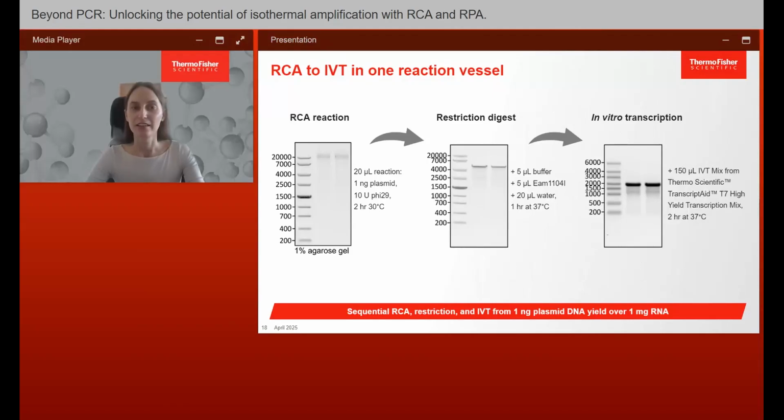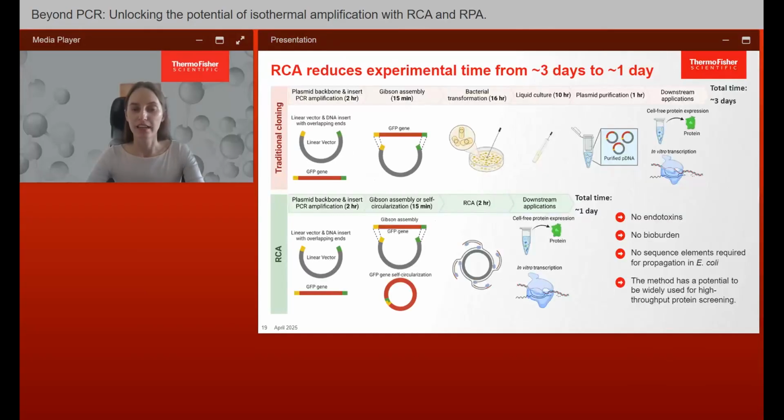But it not only reduces the required amount of template, it also speeds up the workflow and offers potential for automation. So RCA is a powerful method to prepare DNA templates for applications like protein expression and in vitro transcription.